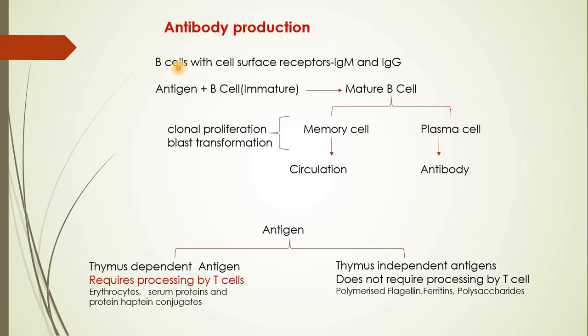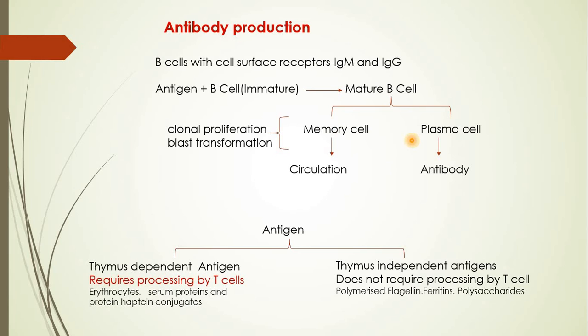So such immunocompetent cells will have IgM and IgG type only when they become mature. So in case of immature condition, the antigen will interact with B cells which are immature and will transform this B cell into a mature B cell. After transformation or maturation, these mature B cells get converted into the memory cell and the plasma cell.